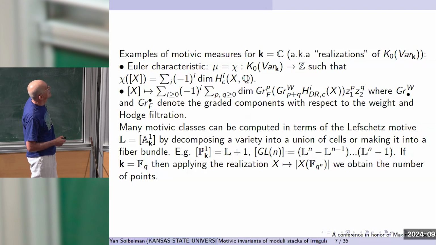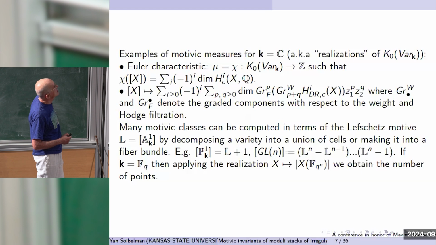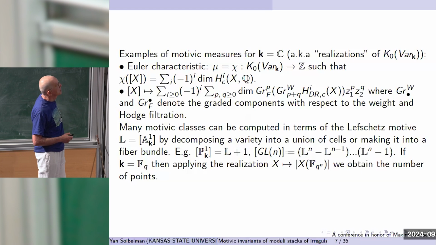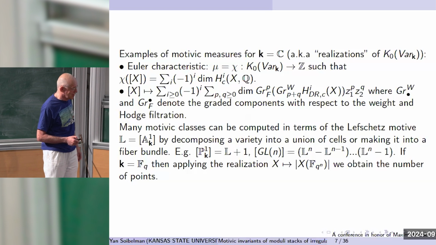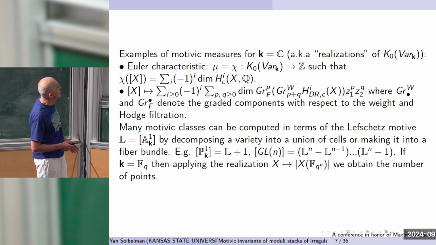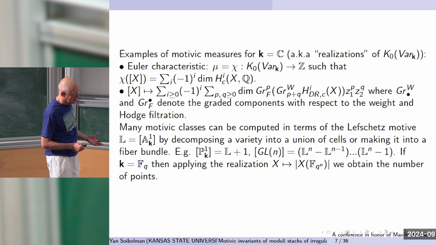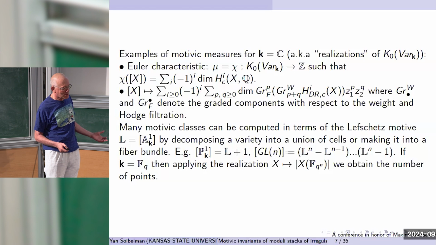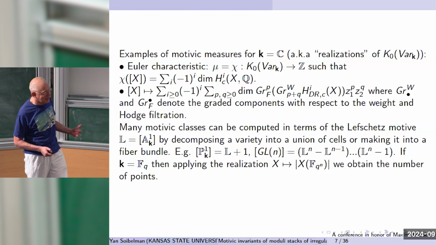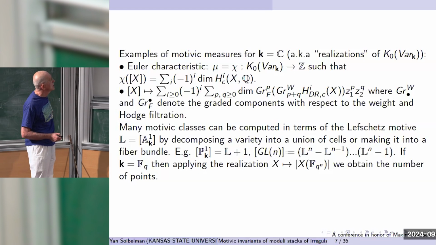Besides the number of points, you can take the Euler characteristic with compact support. If you are over the complex numbers, you can take the Hodge polynomial. On the computational side, if you can decompose your variety into a union of cells, or represent it as a fiber bundle, like a vector bundle, over a base whose motivic class you know, you can compute the result.